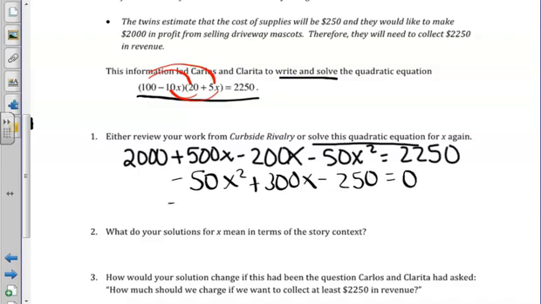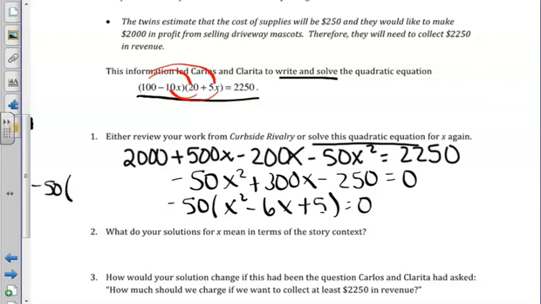At this point, we factored out a negative 50, and we are left with x squared minus 6x plus 5 equals 0. So when we were asked to solve this before, keep in mind we did then factor what was in parentheses. We kept the negative 50 on the outside, and we factored this into x minus 5 and x minus 1.